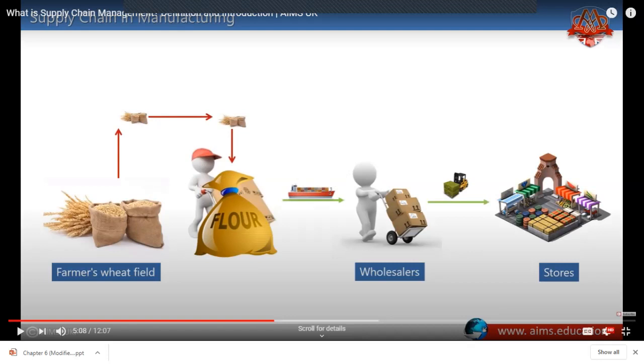So for this particular store, they are buying flour from wholesalers, right? The people who supply the flour to the wholesalers get their supplies from the farmers who provide the wheat to them.